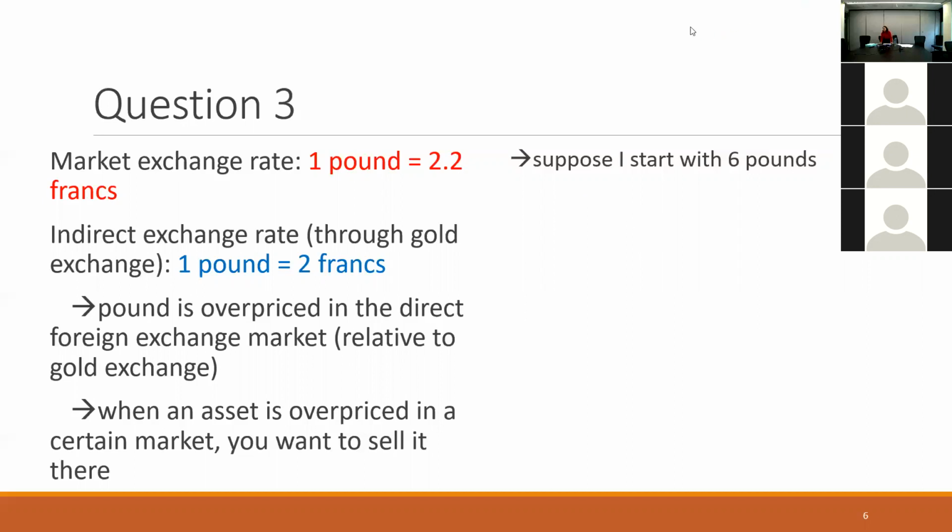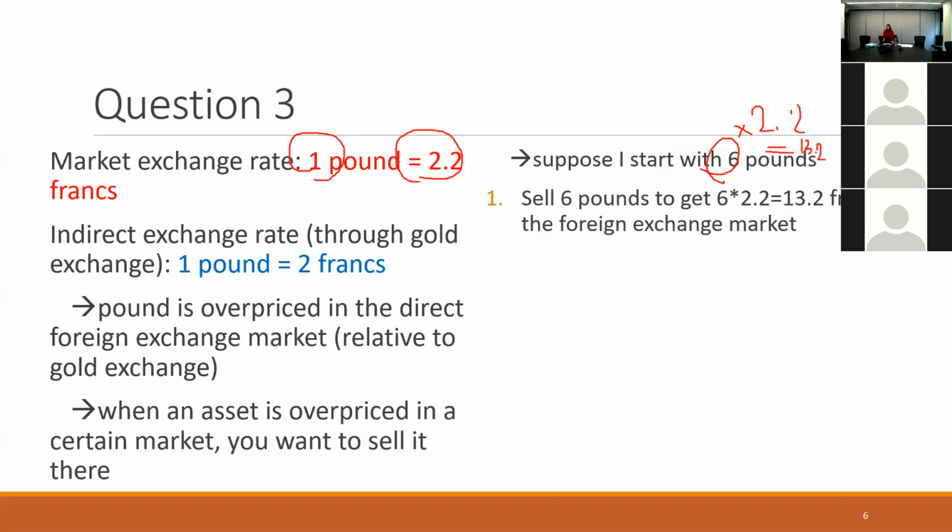Some other answers? 13.2, yes, exactly, spot on. Well done, guys. If 1 pound is worth 2.2, then for 6 pounds, to find the equivalent franc amount, I take 6 times 2.2, which gives me 13.2 francs.